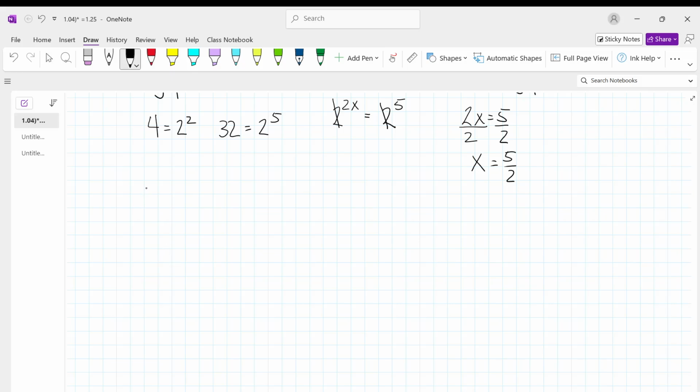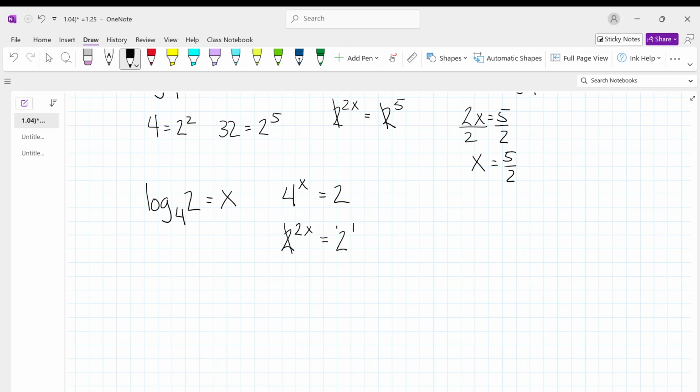Log 4 of 2. That means 4 raised to what power equals 2? Okay, so 4 to the x power equals 2. We rewrite the 4 as 2 squared. We keep this x power up here, and it's equal to 2 to the first power.